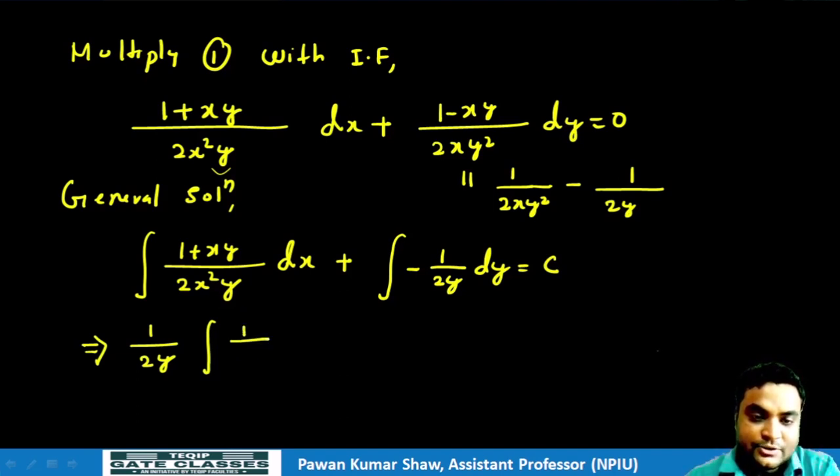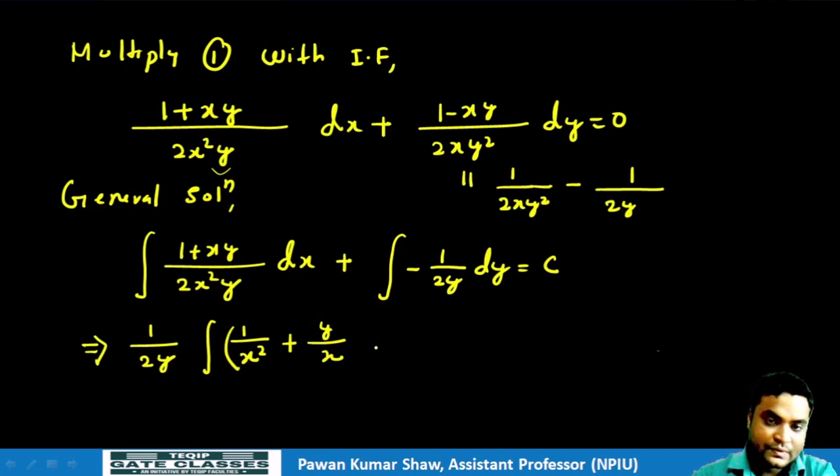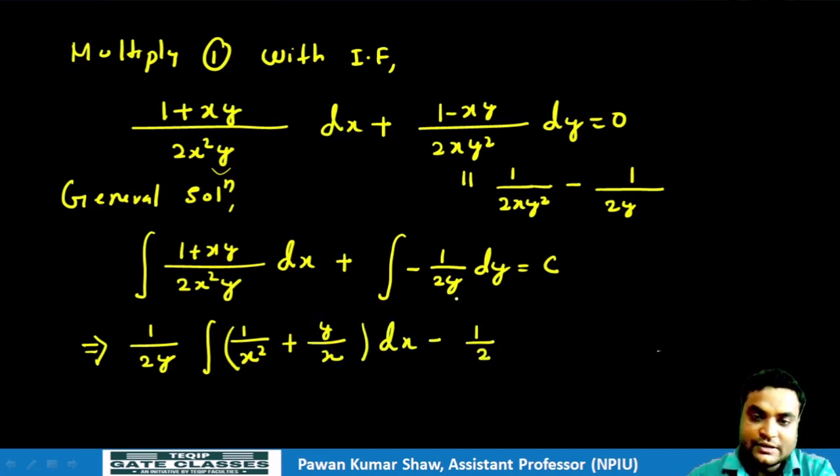So we can individually write the term 1 plus x square plus xy divided by x square, which will be y by x, dx, and here it's a minus 1 by 2 and the integration of 1 by y, that will be log of y, and plus c.